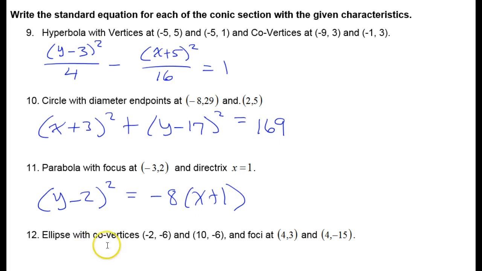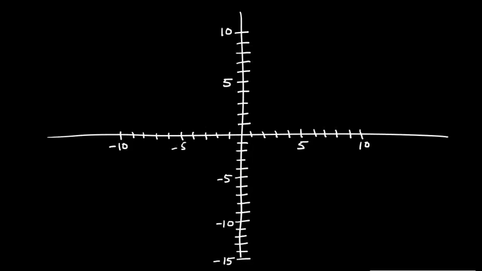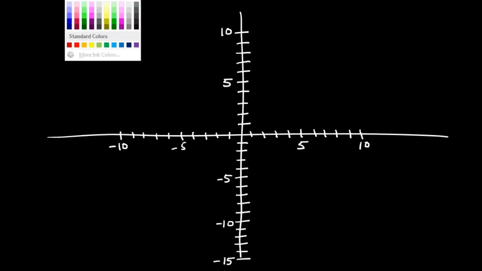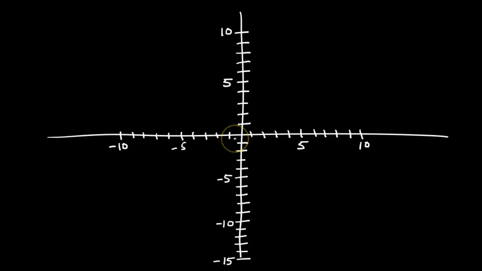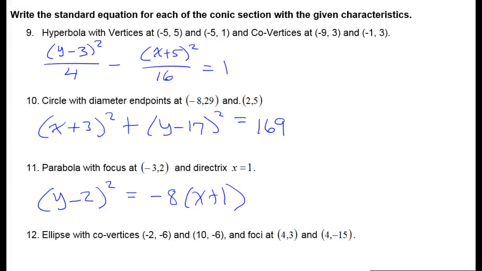For number 12, we have an ellipse with covertices at -2, comma, -6, and 10 comma -6.